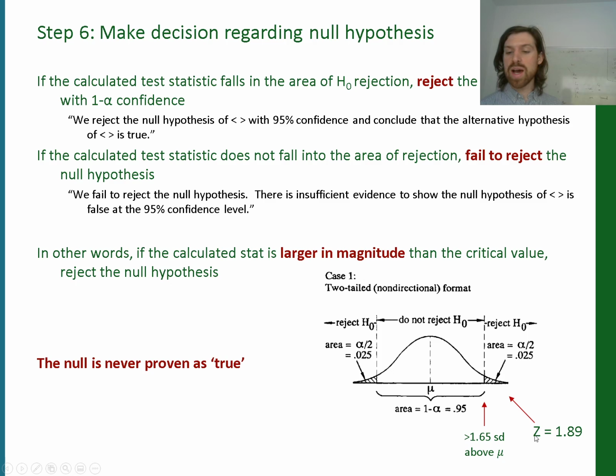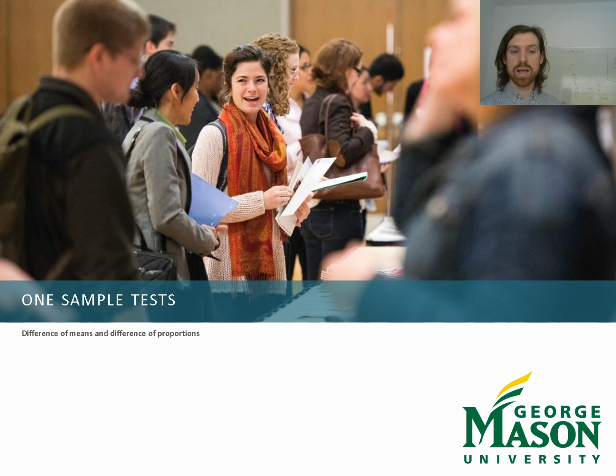And as a consequence, if we had Z here and it was 1.89 standard deviations above the mean, then that essentially means that we would reject the null hypothesis. Okay. So hopefully that's clear, and let's do some examples now.